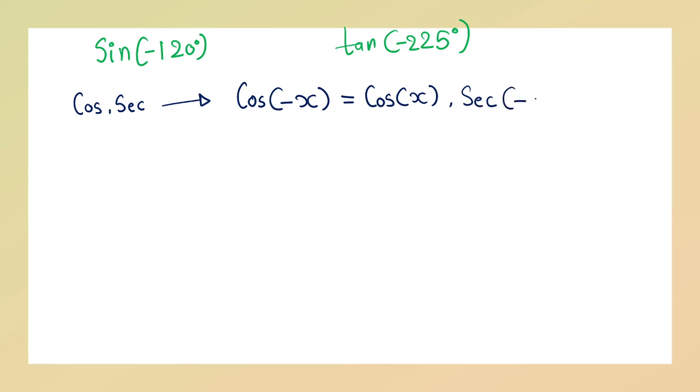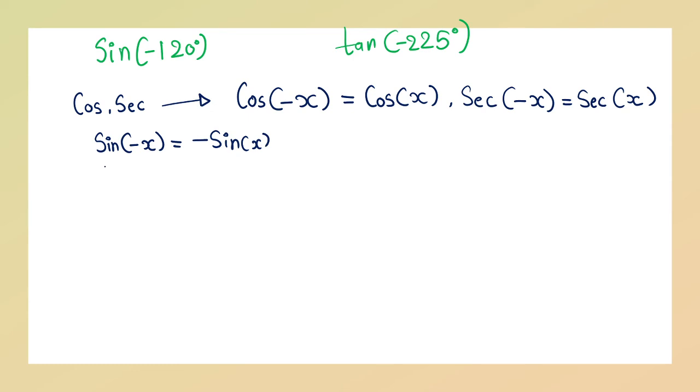Similarly, sec of some negative angle is the same as sec of the same angle as positive. But the rest of the trigonometric functions do not behave like this. They behave very normally. That means if I need to find sine of minus x, it is going to be minus sine x.